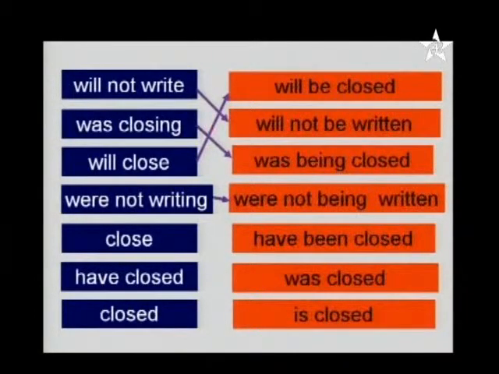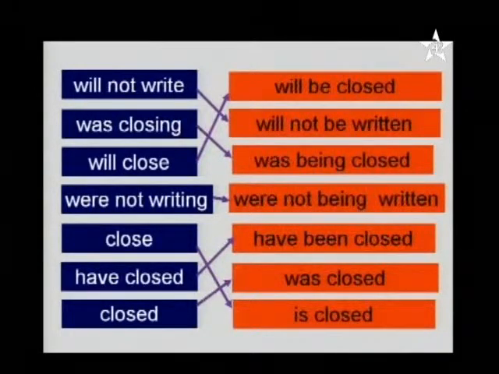And close matches with is closed. Of course, have closed should be have been closed, and closed apparently was closed. Maybe in other contexts it can be were closed if the agent is plural.